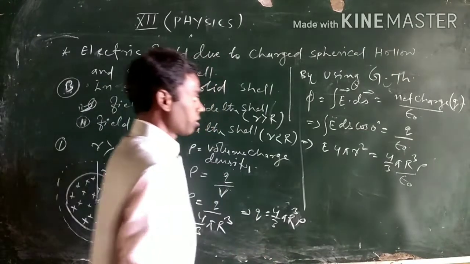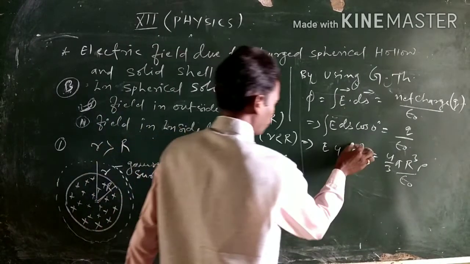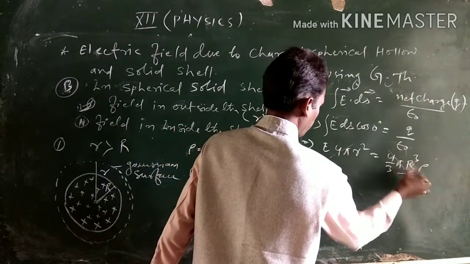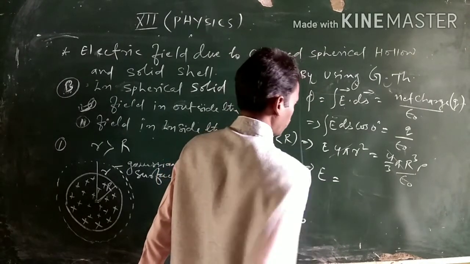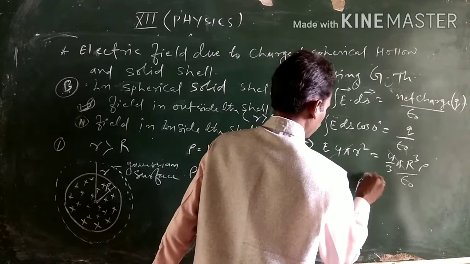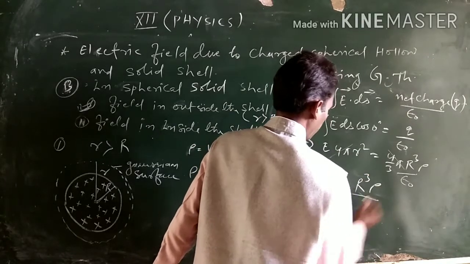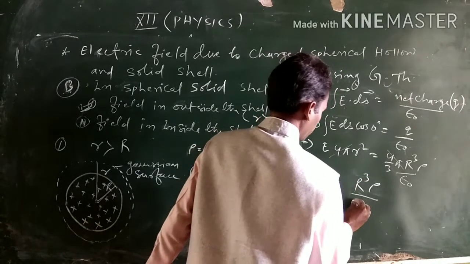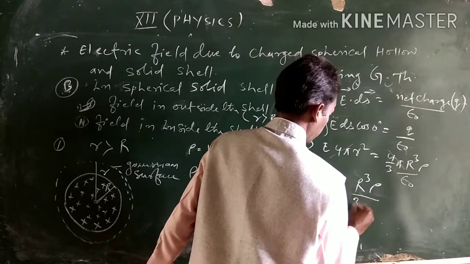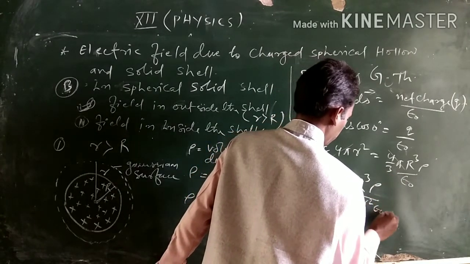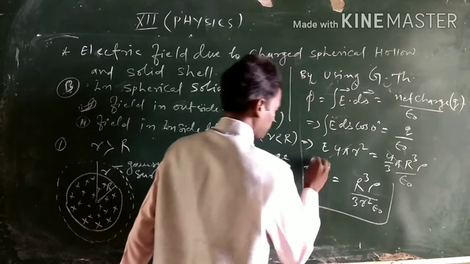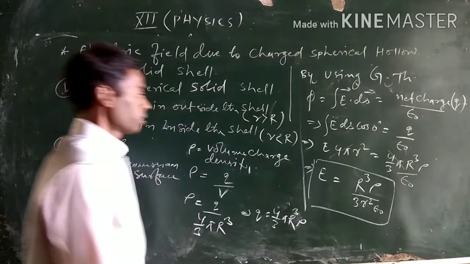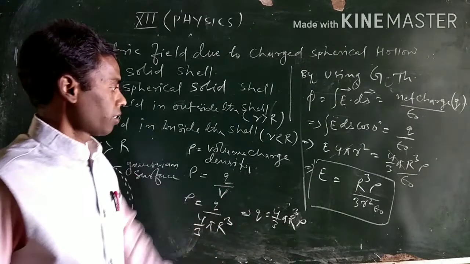Some terms are going to cancel out. This 4 pi is going to cancel out. That means E is equal to R cube rho divided by 3 R square epsilon naught. This is the final result in this shell, right?